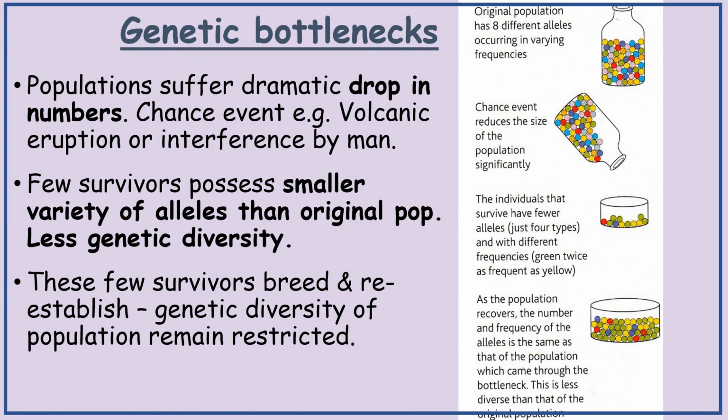Genetic bottlenecks: the population suffers a dramatic drop in numbers from a chance event like a volcanic eruption or interference by man like hunting. Few survivors possess a smaller variety of alleles than the original population, therefore there's less genetic diversity. These few survivors breed and re-establish, but the genetic diversity of the population remains restricted.